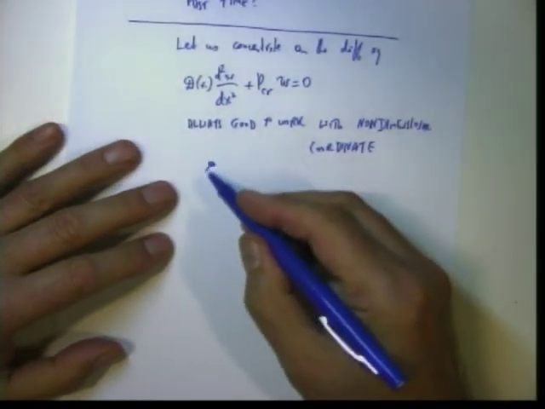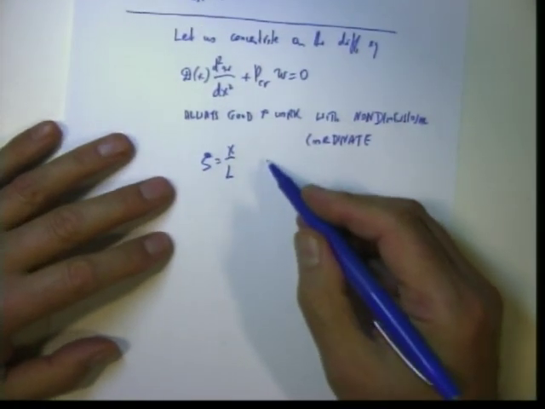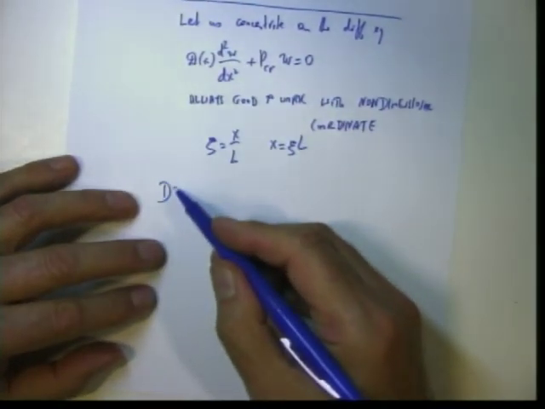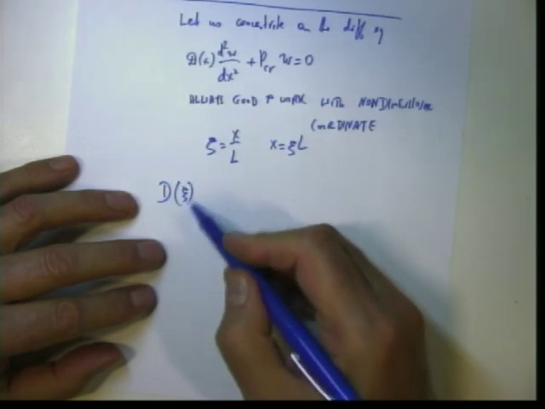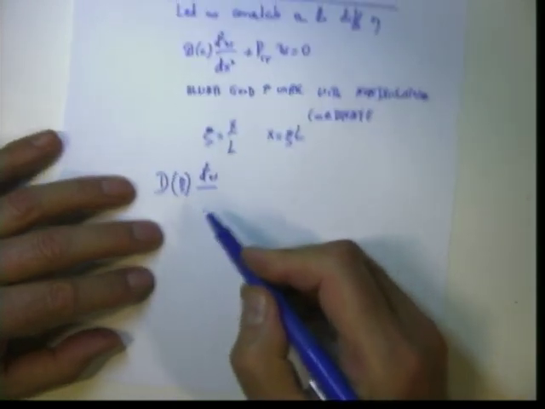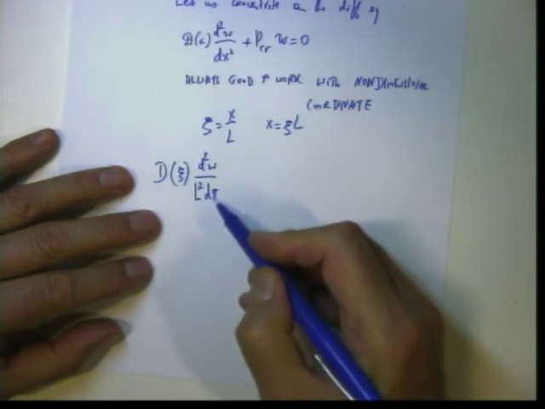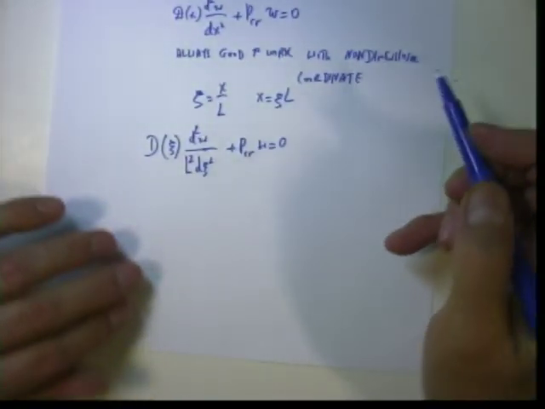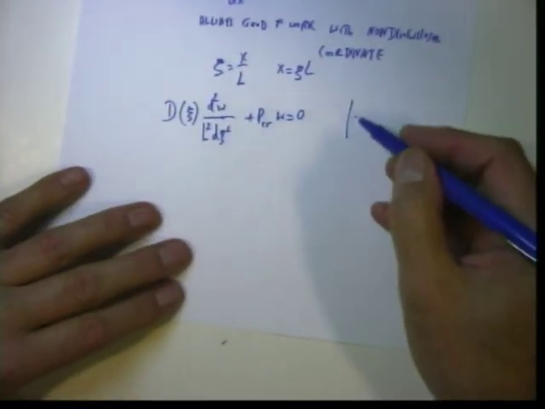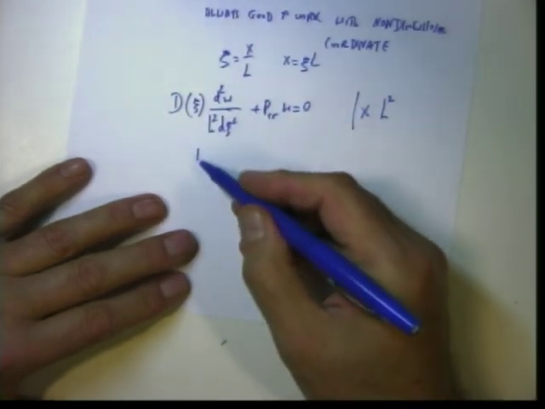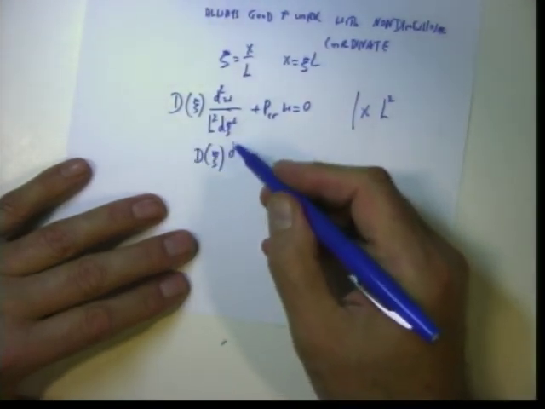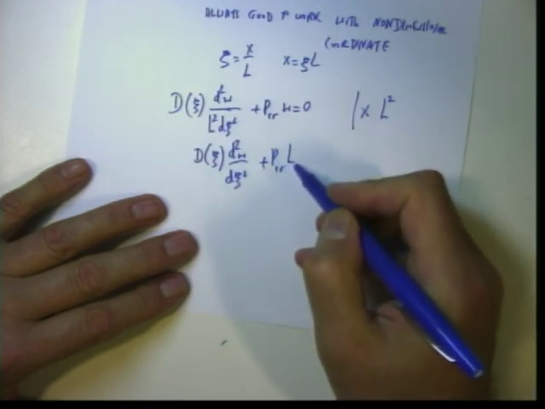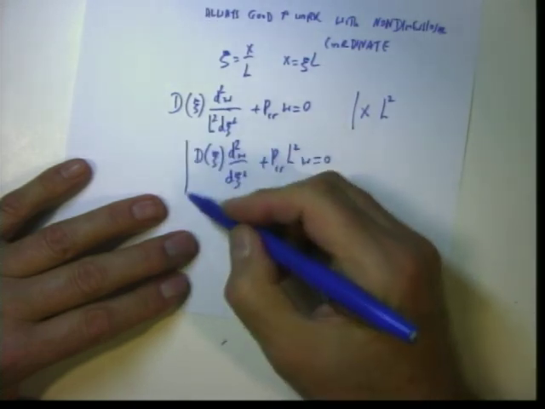So that is psi, which equals x over L. So then x equals psi times L. So I substitute this here, I get D of psi here, and then d2w over L squared d psi squared plus P critical w equals 0. Or we multiply everything by L squared, we get D of psi d2w d psi squared plus P critical L squared w equals 0.